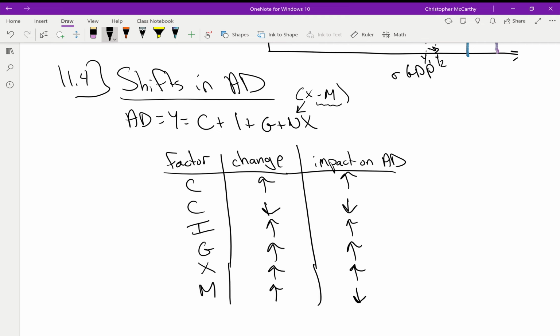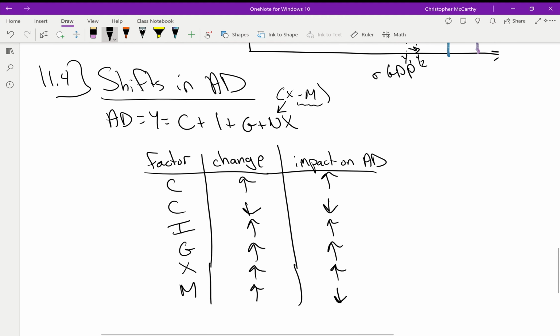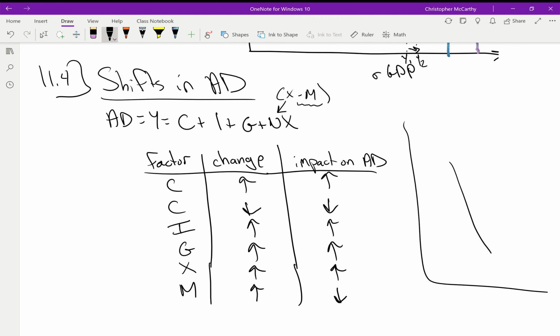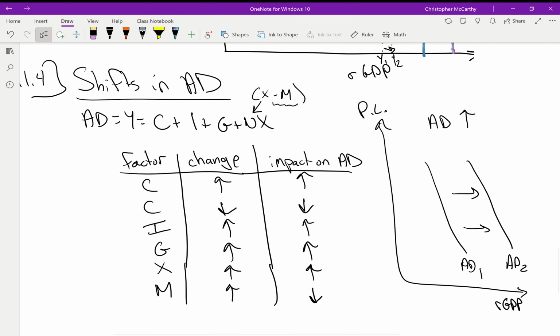And again, same kind of convention as before, where for aggregate demand, this is an outward shift or an increase. So that is aggregate demand increasing. It looks like that, with my price level and my real GDP on my axes there.